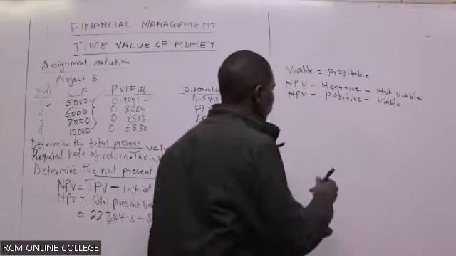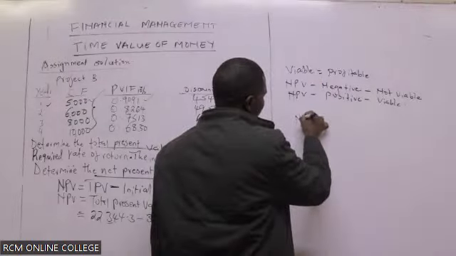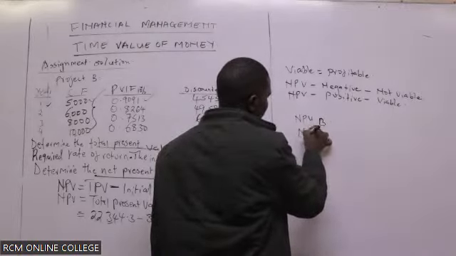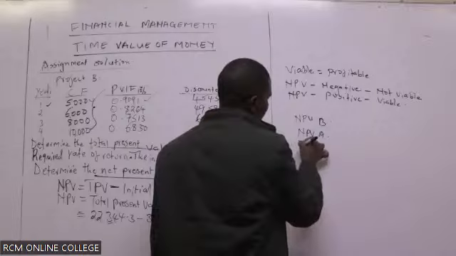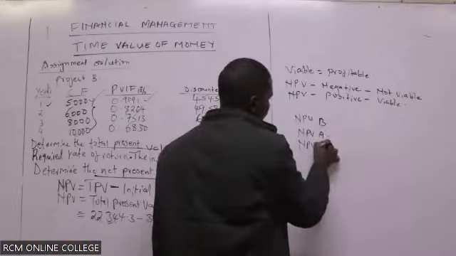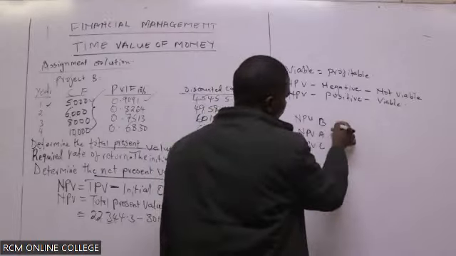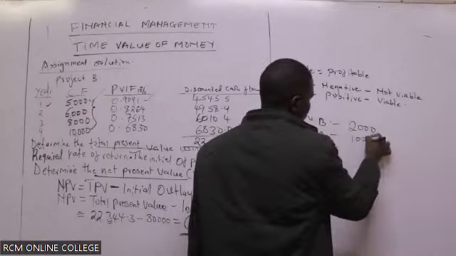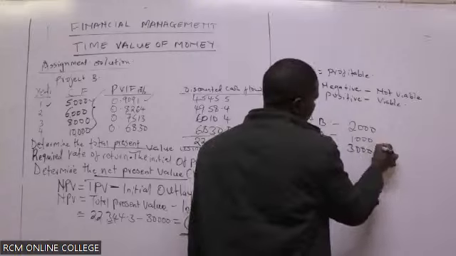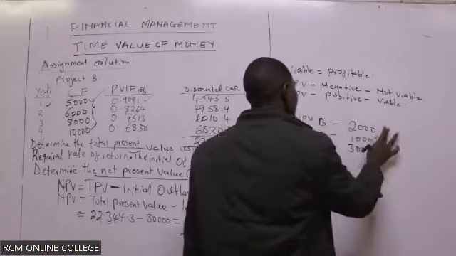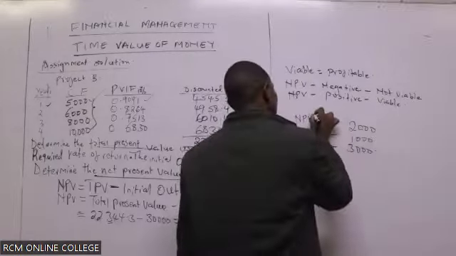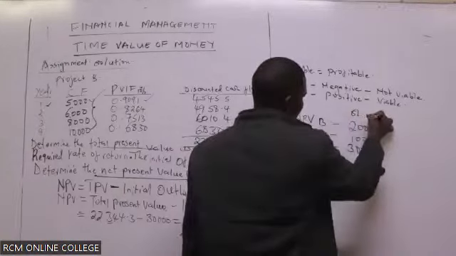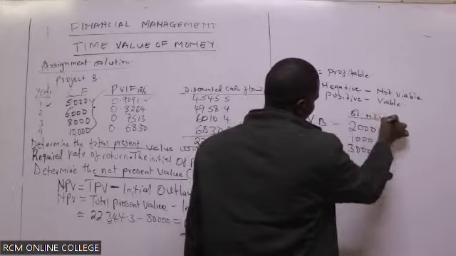Now, I want your input here. NPV of project B, NPV of project A, NPV of project C. These are the NPVs of each project, and these are shillings in millions.